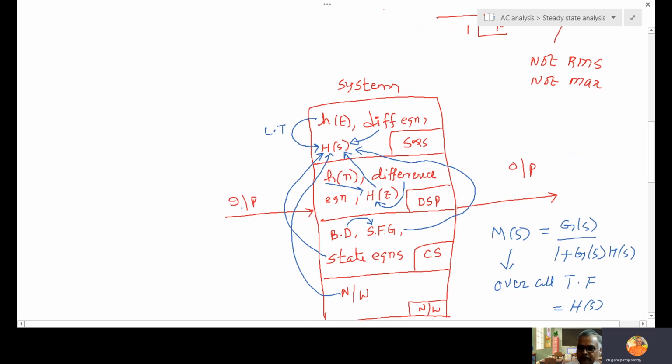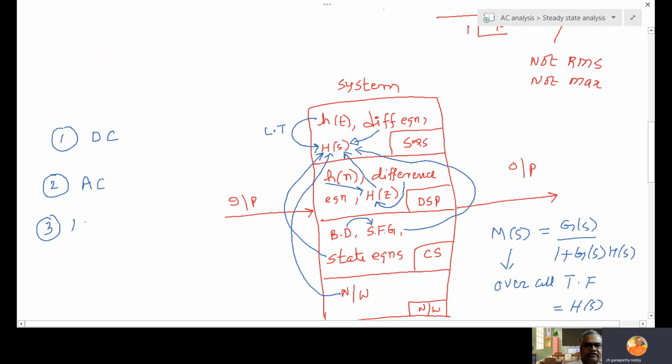What are the different inputs possible? Input can be only DC. Input can be only AC, a single AC source.